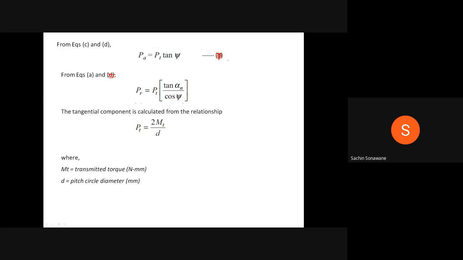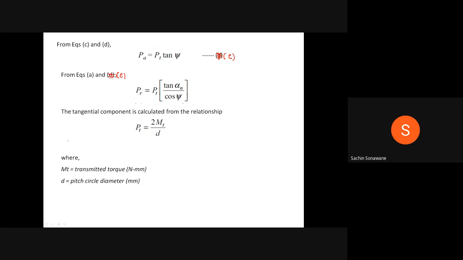This is the equation E you have to consider. And here also you have to write from equations A and E. We are getting Pr is equal to Pt into tan of alpha n divided by cos of psi, where alpha n is normal pressure angle, psi is helix angle.